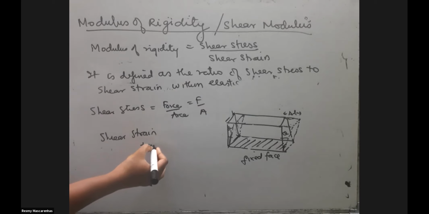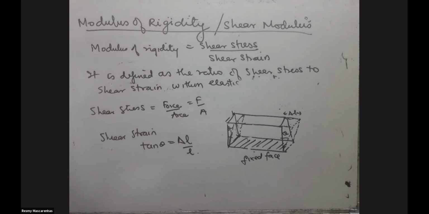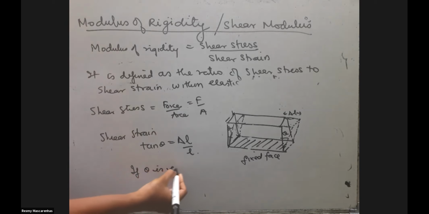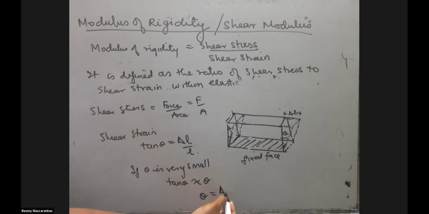Shear strain is tan theta, and if theta is very small, you take tan theta almost equals to theta. So it means that theta equals to delta L upon L.